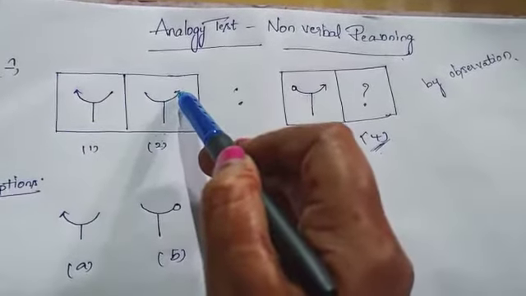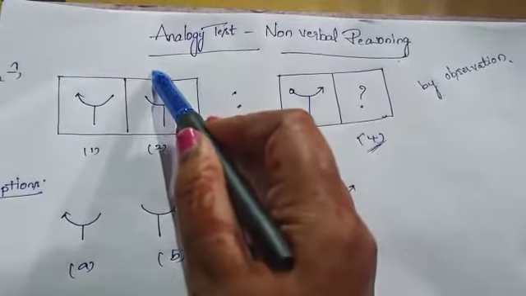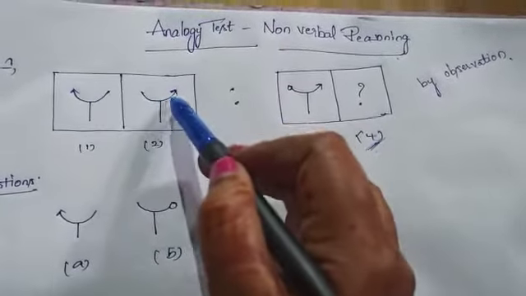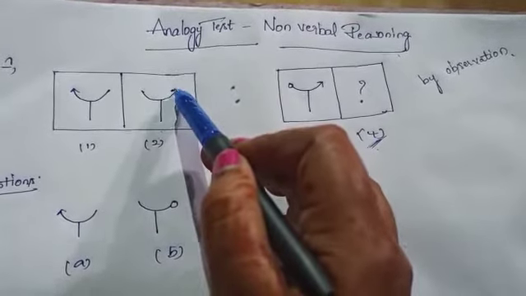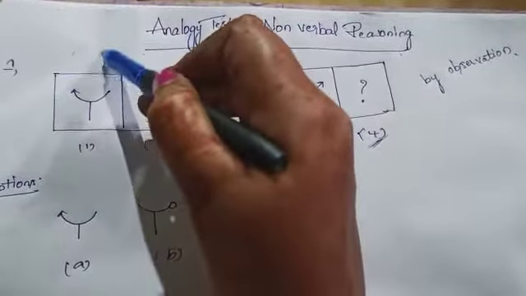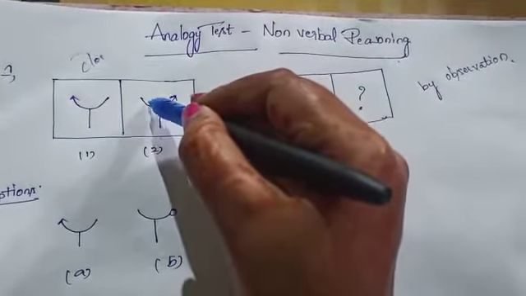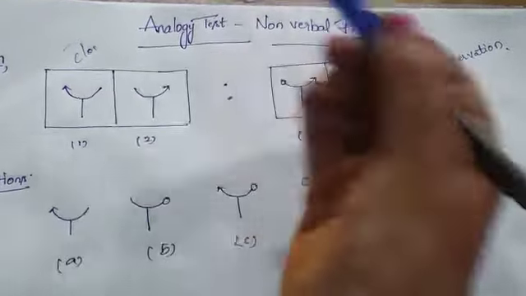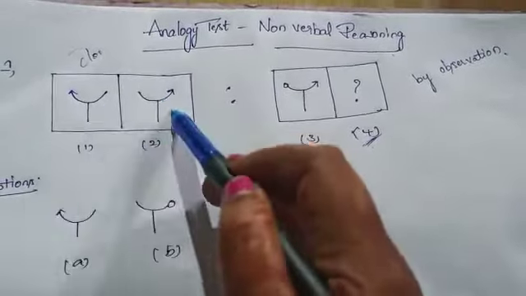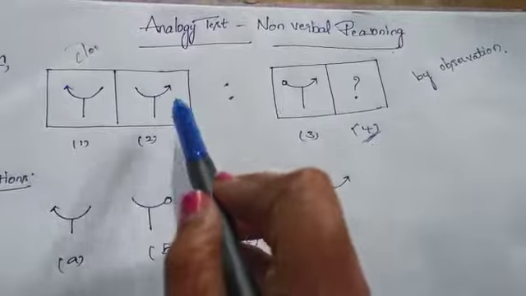Here we have one arrow, but this arrow is in anti-clockwise direction. It means it is the reverse of the first figure, and the line is as it is. Here the relation is the arrow changing.